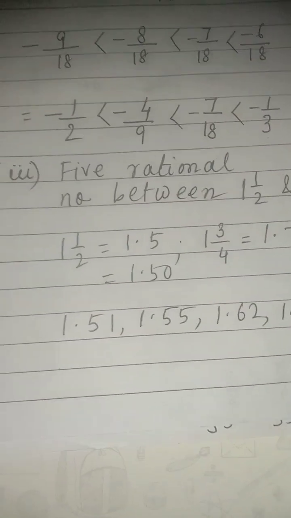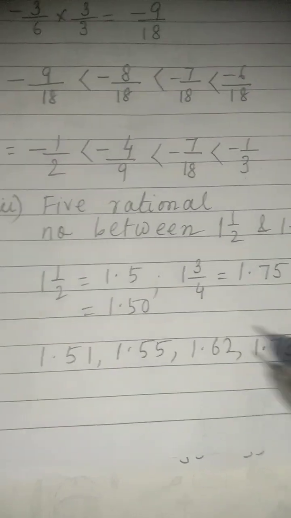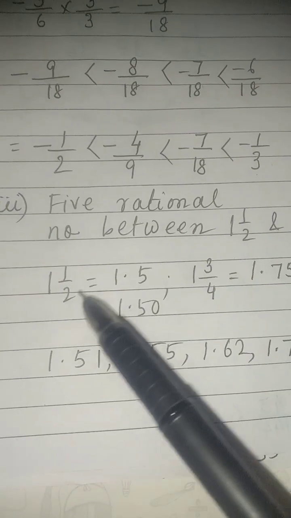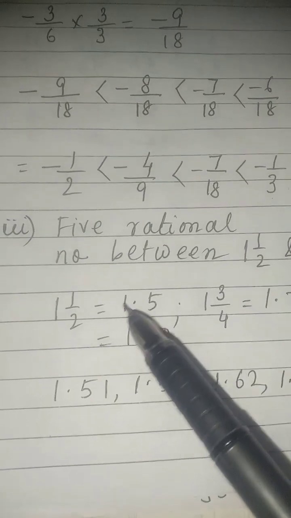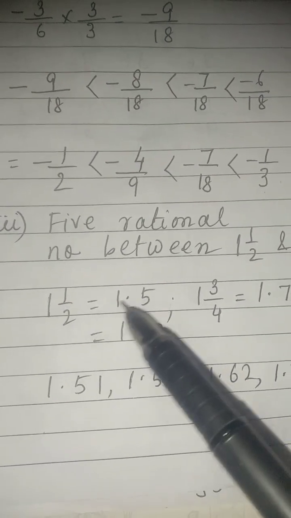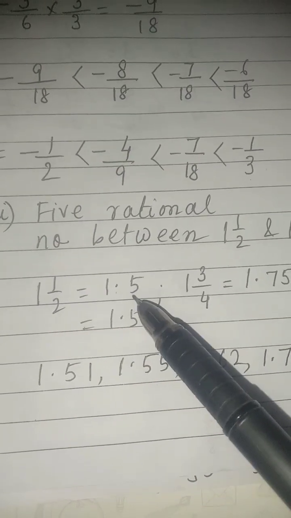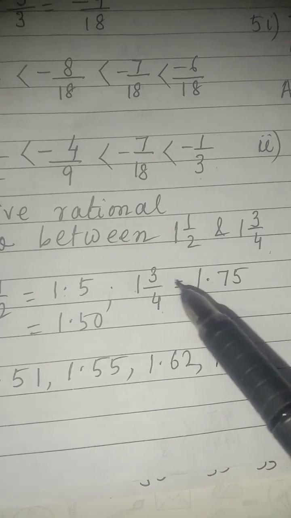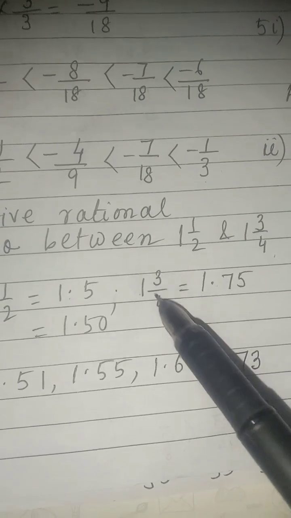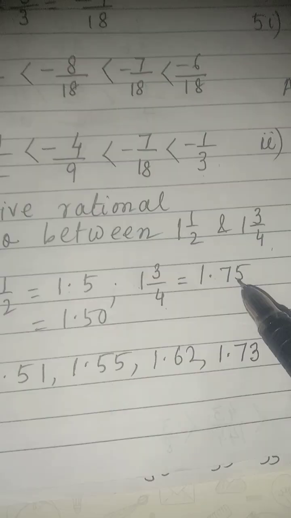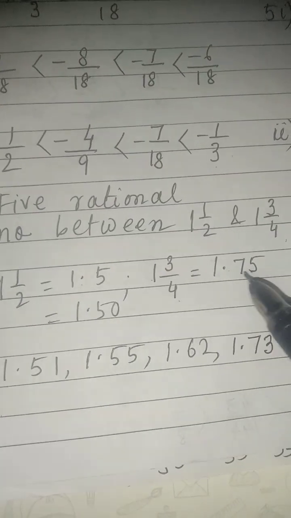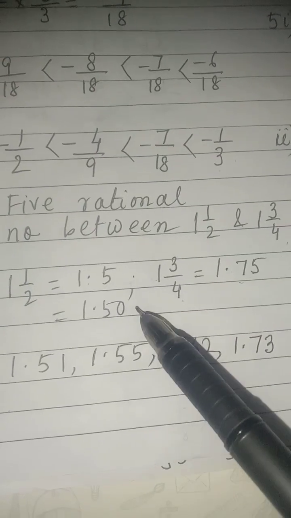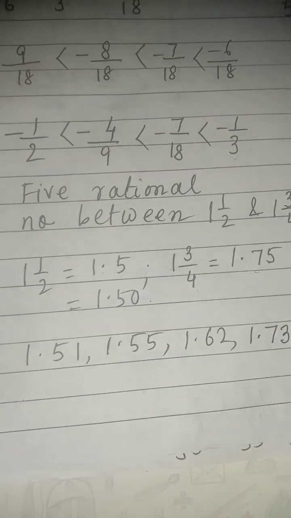Now question number 5, third, was to insert 5 rational numbers between 1.5 and 1 3 by 4. So 1 1 by 2 means 1.5: 1 is the whole part, and 1 by 2 means half, which is 0.5. And 1 3 by 4 means 1 is the whole part, and 3 by 4 in decimal is 0.75. So since here also 2 decimal places are there, we can write 1.5 as 1.50.